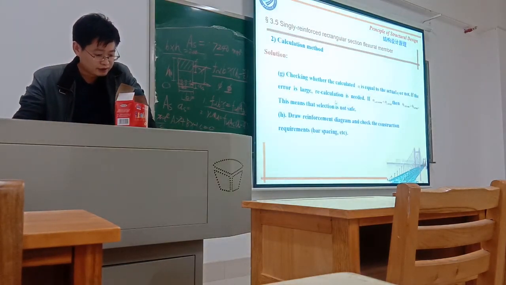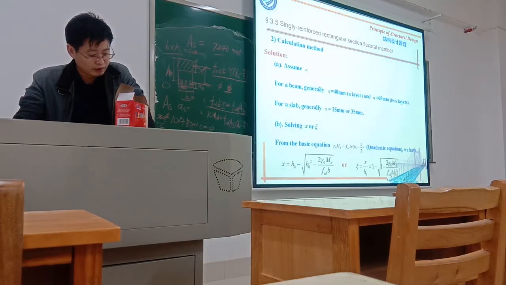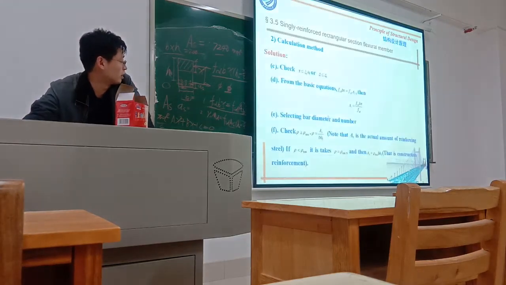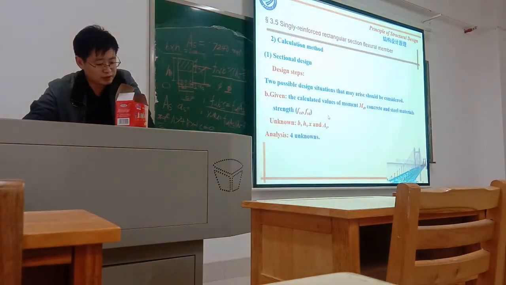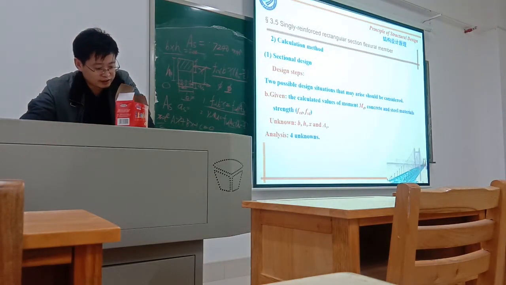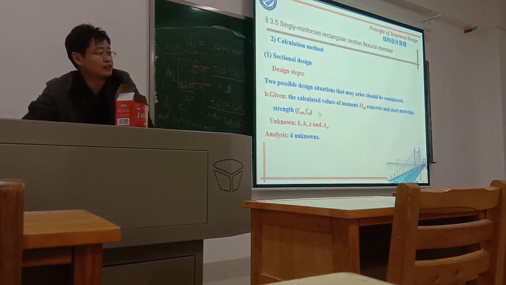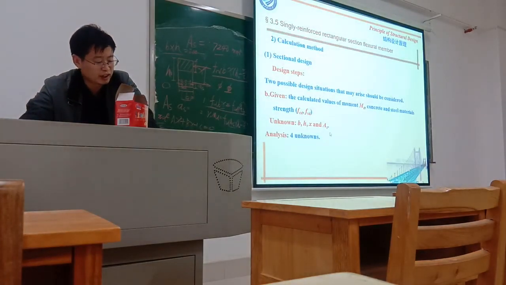This is the first situation, the simple situation. Given the conditions, you are just asked to calculate the area of the reinforcement. The second condition is that only the external force induced moment MD and the material strengths FCD and FSD are given, and you are asked to do the design.